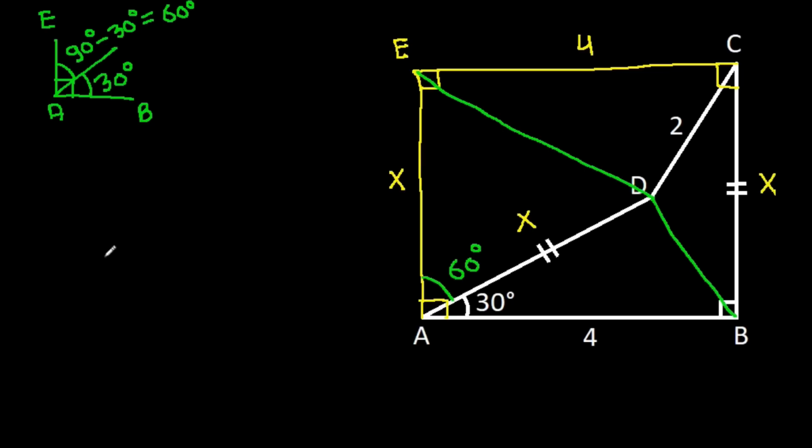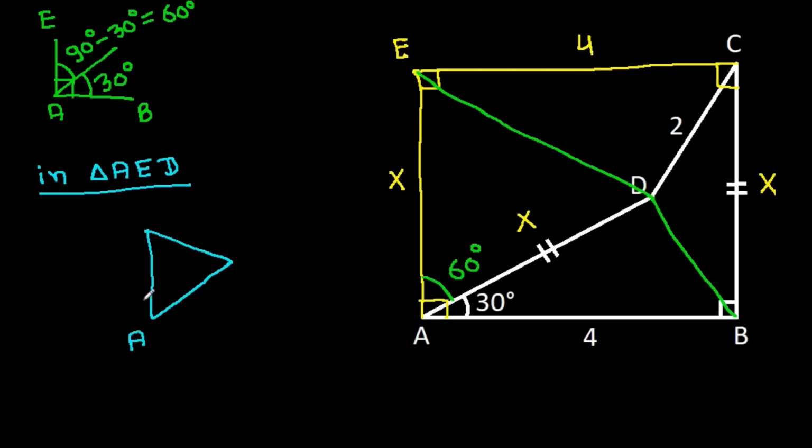And now in triangle AED, we have AD equal to AE, that is X, and this angle is 60 degrees.